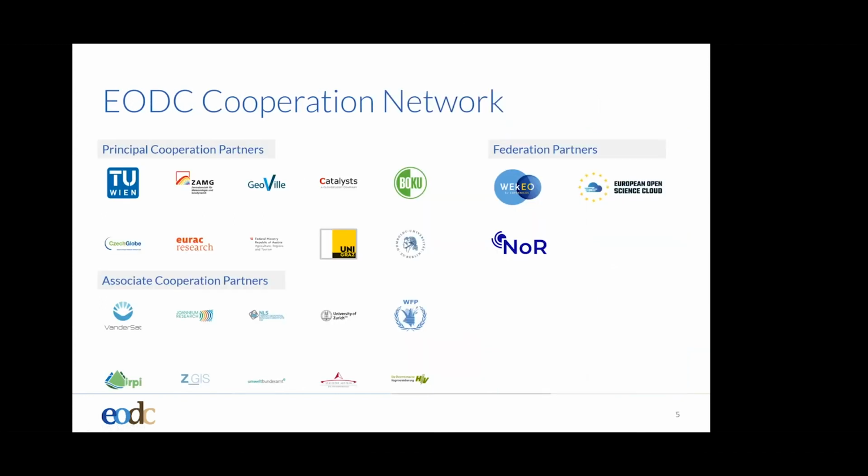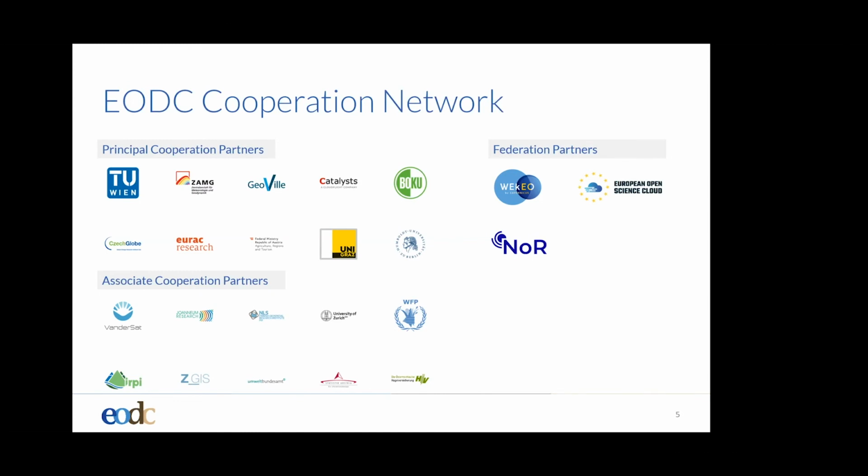We are acting really in a close, bigger cooperation network. So on one hand, we have long-term partners that you can see here on the left under the principal, and the associate partners that are organizations with a long-term commitment towards EODC and consuming services in a constant manner, and that can be extended on an on-demand request. So I think that's very important.